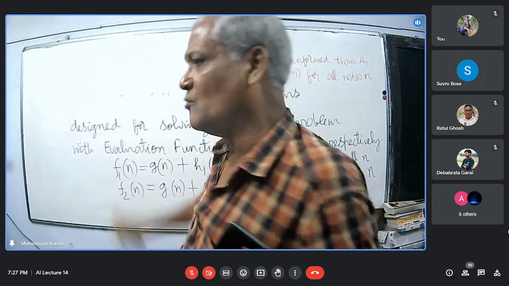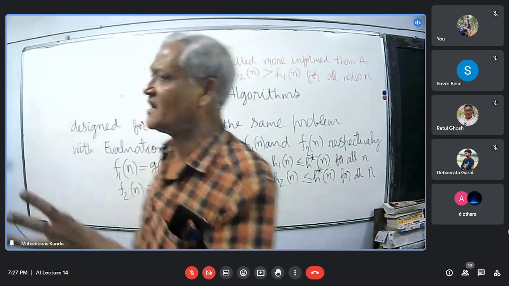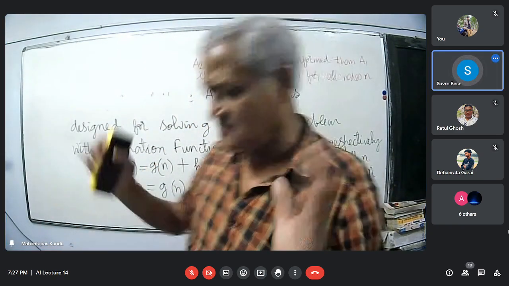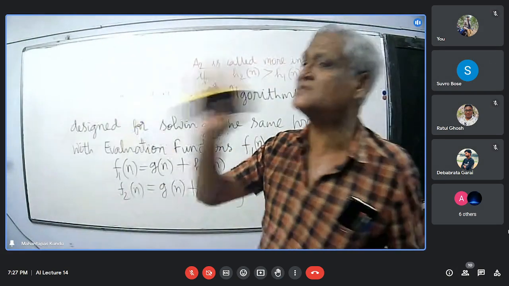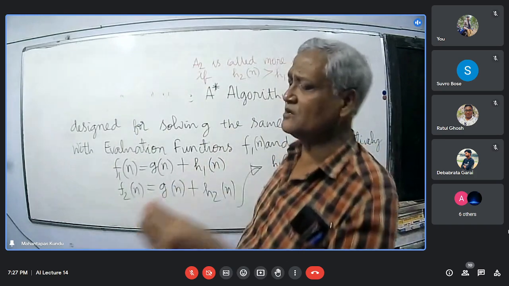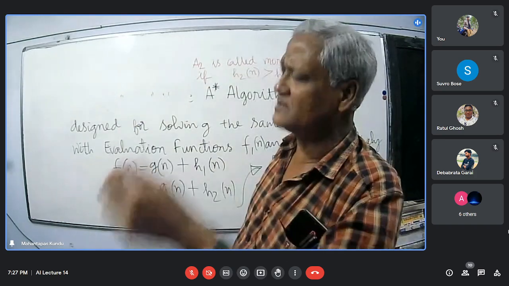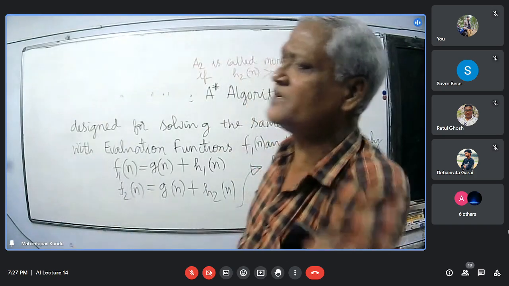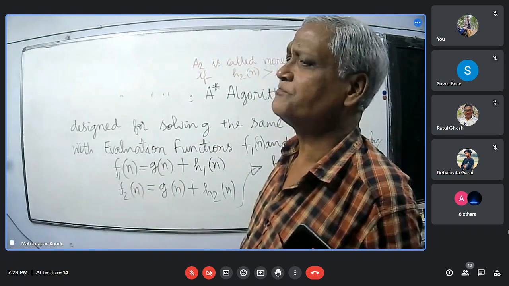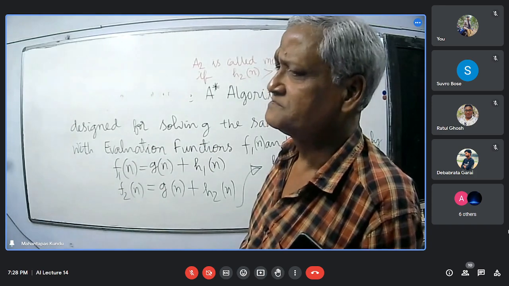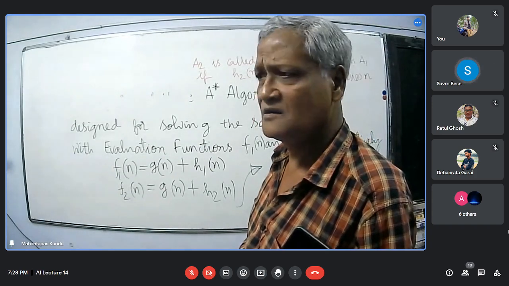The more informed this H function is, the lesser will be the search space, the lesser the paths being searched, and the lesser the number of nodes being expanded. So there will be lesser computation to have a solution. Isn't it? Yes, sir. Okay.